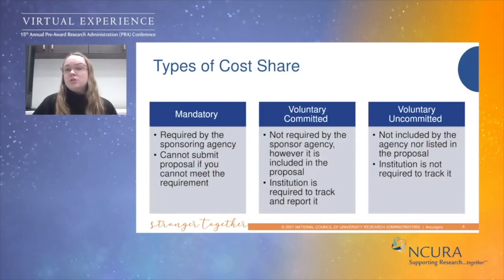Another type of cost share that you may see is sometimes called a third-party cost share or an in-kind contribution. Really, it may be an industry donation that comes in to help with funding the proposal. A lot of times you may see this on an industry contract where someone may be providing some sort of equipment or somebody's time and effort for the project.